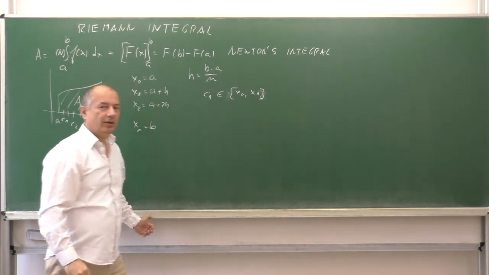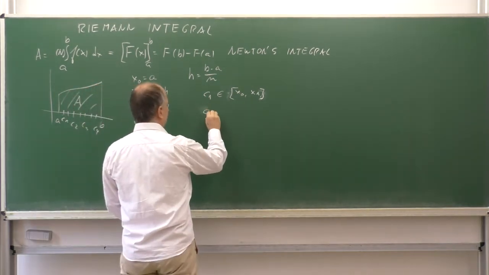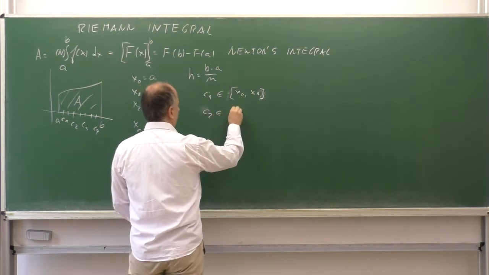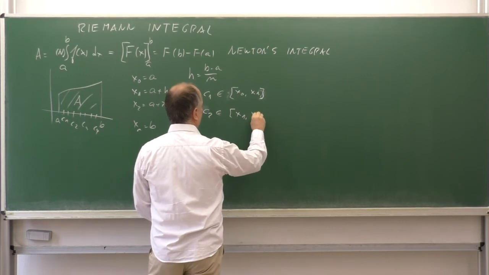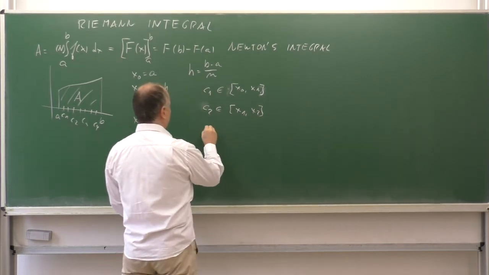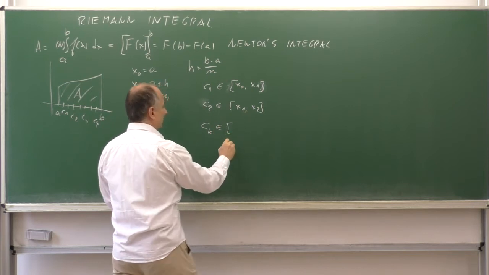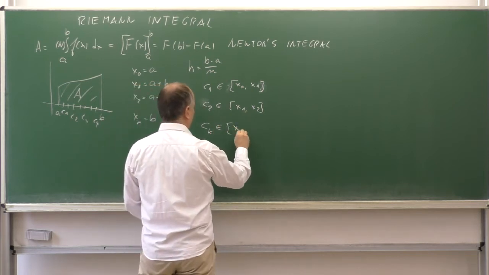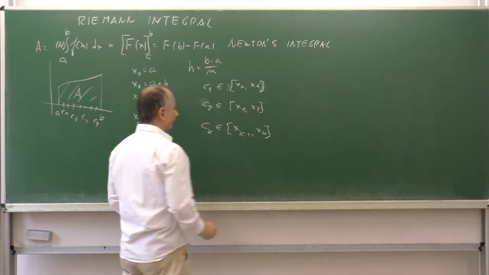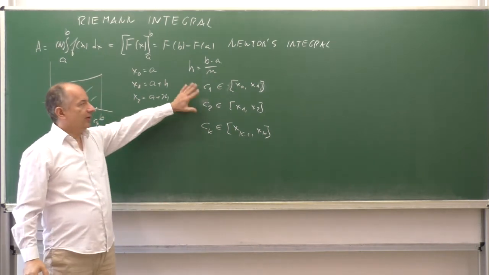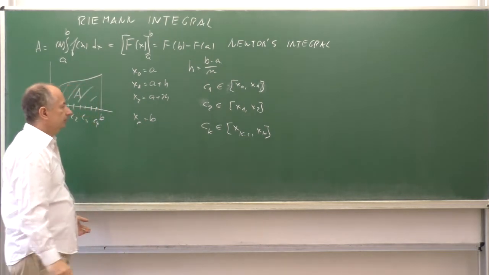In English we write a square bracket. We consider the value c2 somewhere in the interval x1, x2. In general, the point c sub k will be somewhere in the interval xk minus 1, xk. We don't specify the exact position of these points. It's somewhere in this interval.